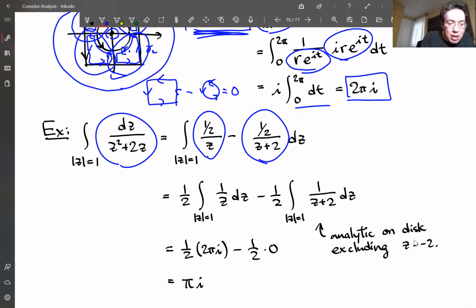So this function cannot be defined at 0, and it cannot be defined at -2, because then z plus 2 is divisible by 0. Okay, and let's say I want to integrate on the unit circle this way.